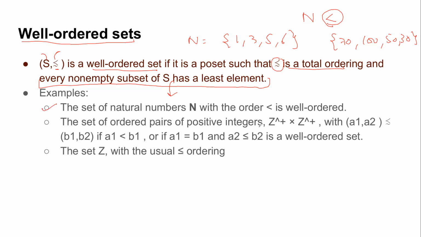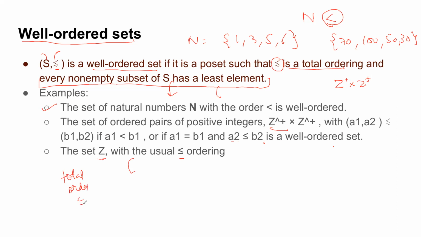Similarly, if I take ordered pairs from Z positive to Z positive with this relation, again I am guaranteed to have a well-ordered set, because there will always be some least element. Now let's look at this last one. Is this a well-ordered set or not? It is definitely a total order.